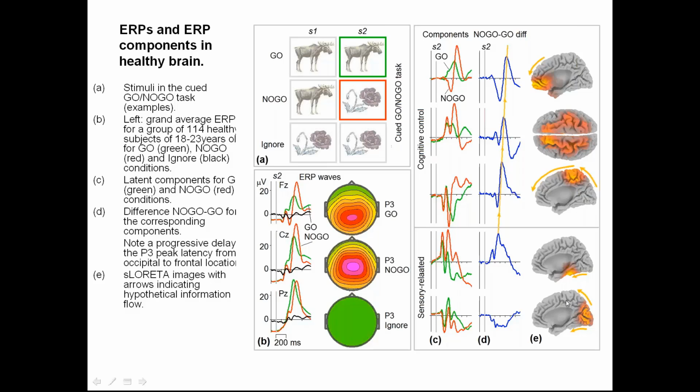The next component is the generation of the inferior temporal lobe, which reflects the comparison of the stimulus with the trace stored in the working memory.